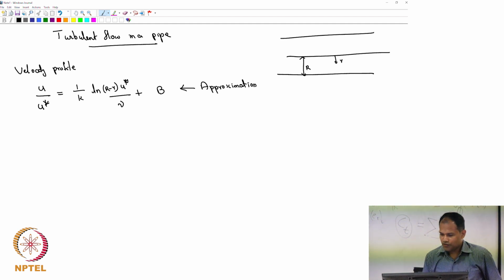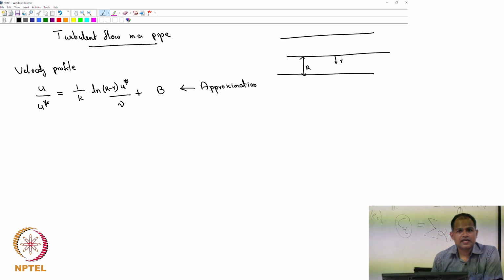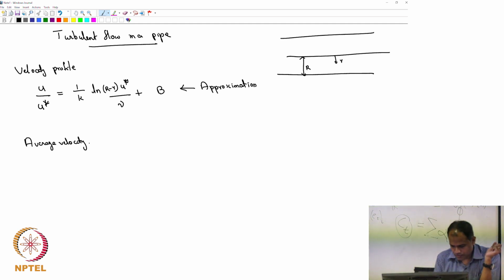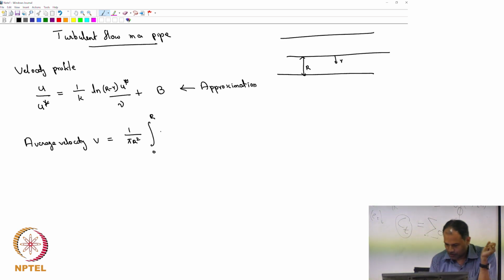Okay, so if this is the case, let's actually calculate the average velocity in the pipe. Right now we have just taken it as an approximation. Average velocity, how do we calculate average velocity? Let's say V is equal to 1 by pi R squared, integral 0 to R, u into 2 pi r dr. Is that right?